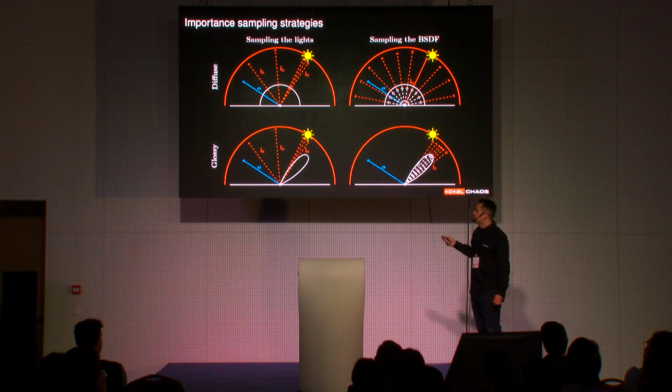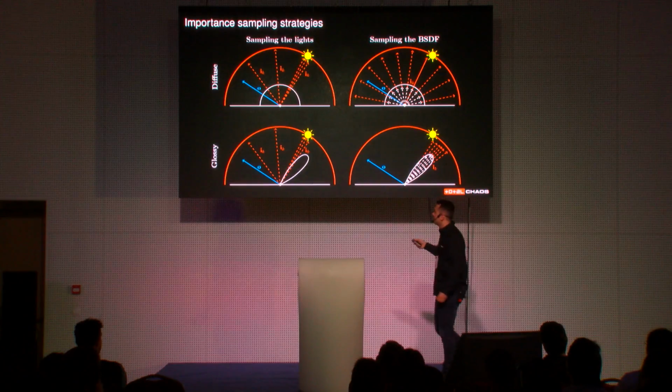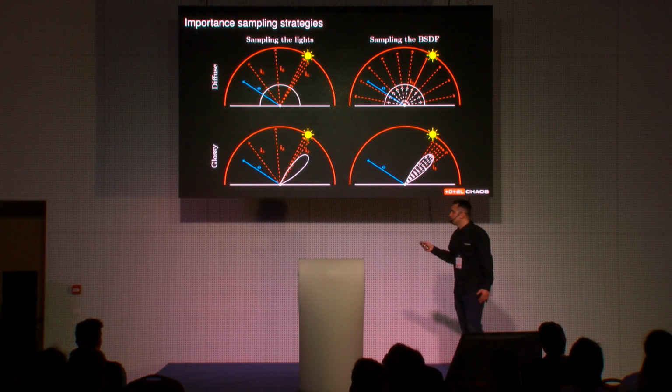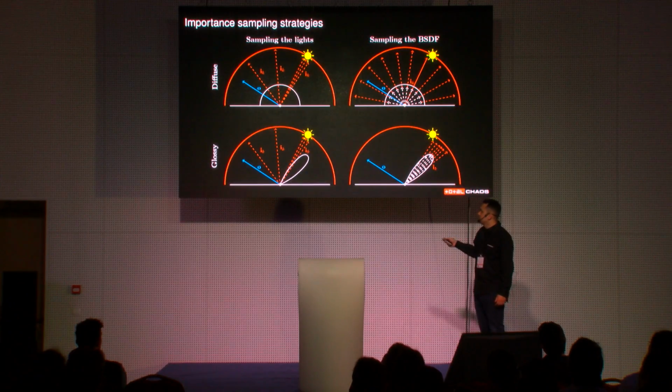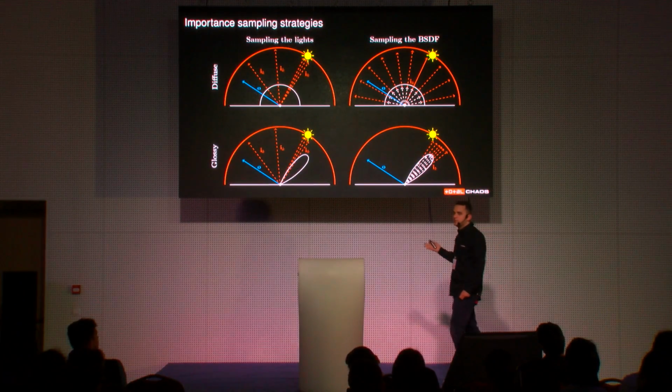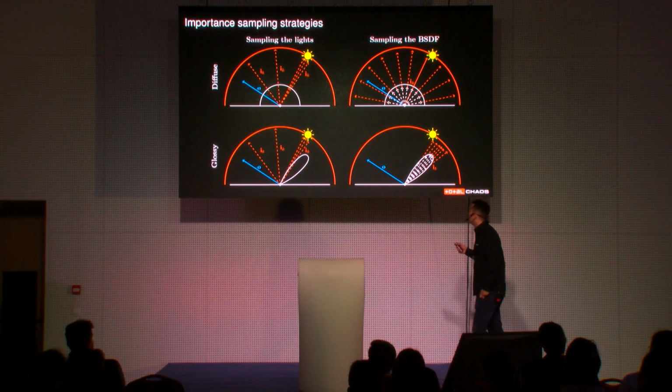But this is not the case in the bottom left picture, where the material is glossy, and we generate rays, most of them pointing to the sun, but the material can reflect only light from certain directions.